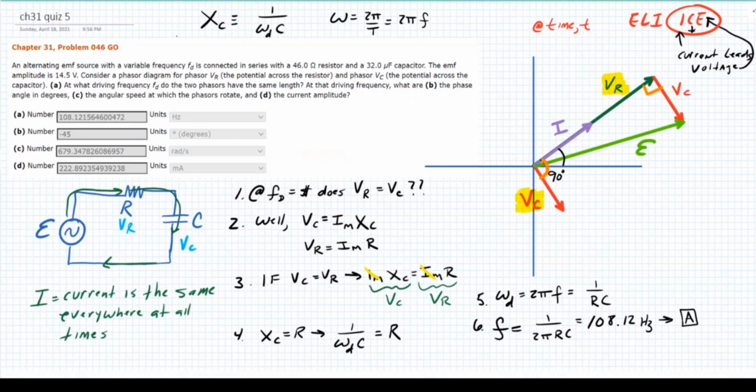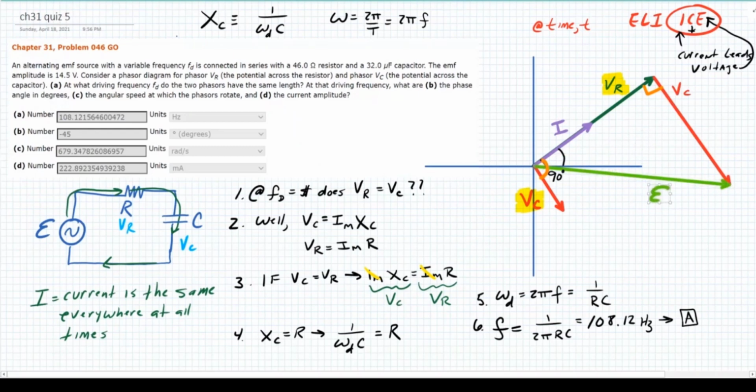We're talking about the situation when this red vector is the same length as the green vector. So let me make that a little more realistic. The red vector is the same length as the green vector at this particular frequency. So let me just do a few updates here to reflect that. There, this is better.